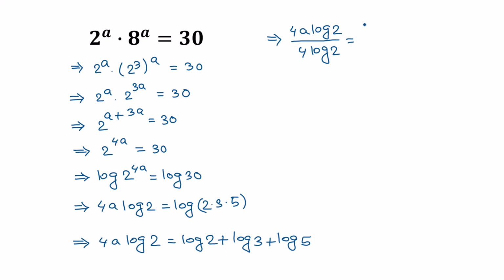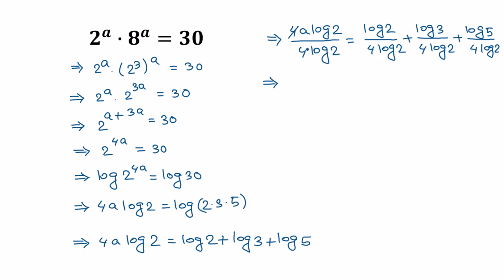So on the right side, log of 2 divided by 4 log of 2, plus the second term, log of 3 divided by 4 log of 2, plus finally log of 5 divided by 4 times log of 2, dividing each term by 4 log of 2.